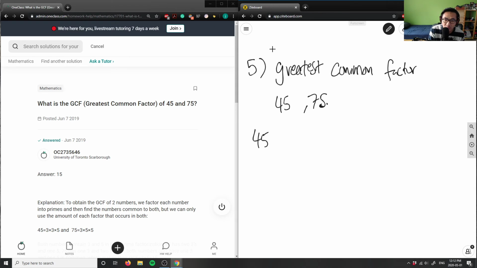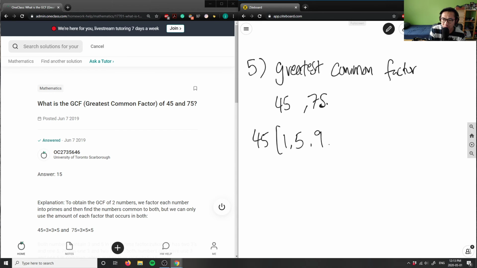1 would be a factor of 45, 2 is not, 3 is not, 4 is not, but 5 is, right? 5 is a factor of 45. 6 is not, 7 is not, 8 is not, but 9 is, right? 9 times 5 is 45.